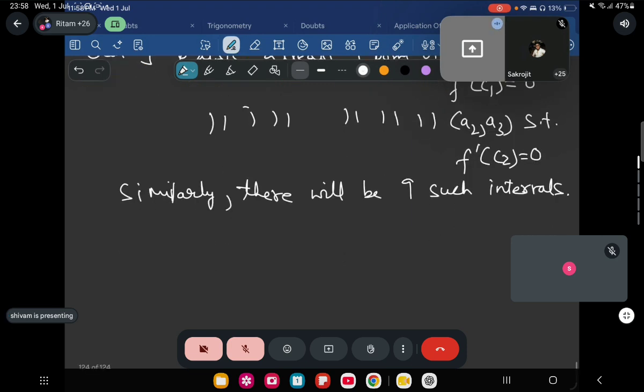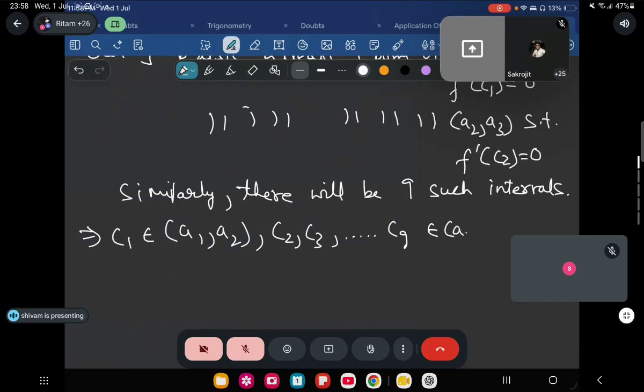Okay, next. Now this implies c1 belongs to (a1, a2), c2 belongs to (a2, a3), dot dot dot up to c9 belongs to (a9, a10) respectively.